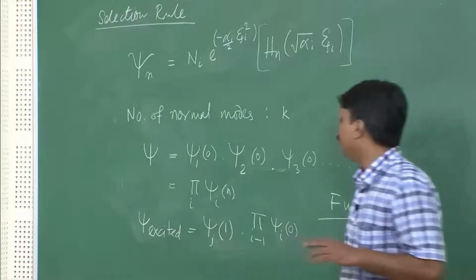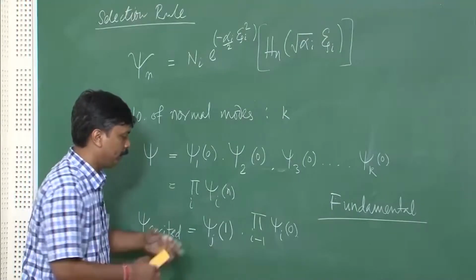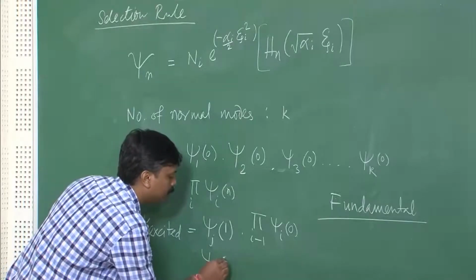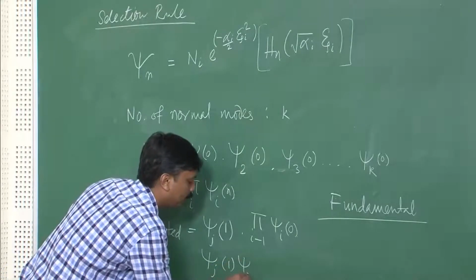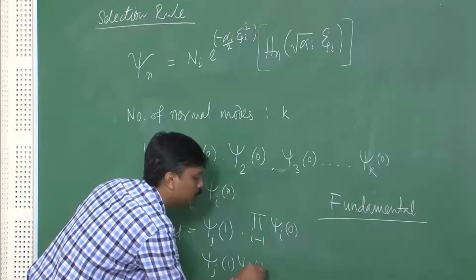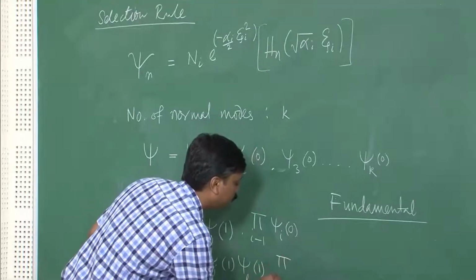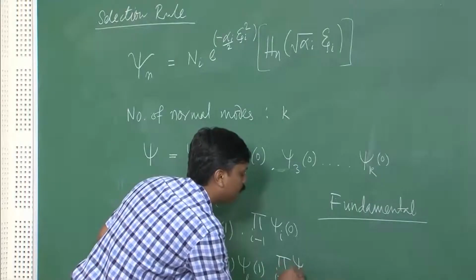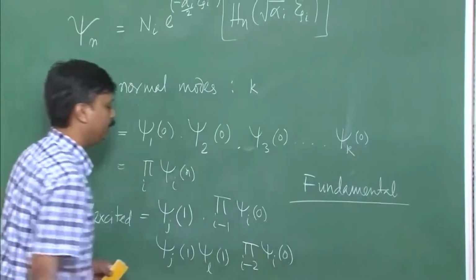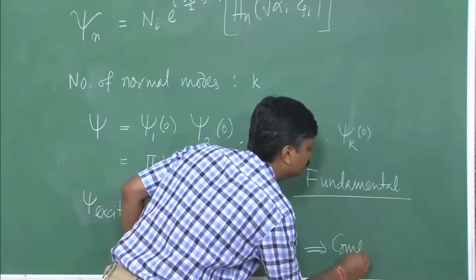Also, it could be that instead of only one normal mode, it could be two normal modes. For example, if I write psi j and psi L have gone to state 1, and the rest of the normal modes are still residing at level 0, then this would be called a combination transition.